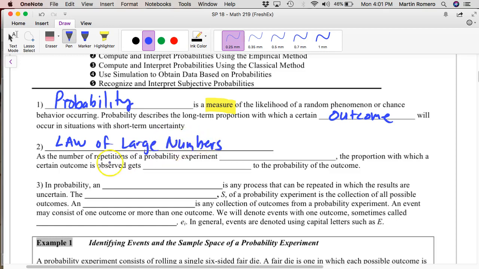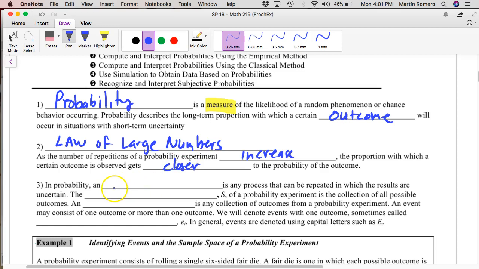That's the idea that as the number of repetitions of a probability experiment increases, like when I was going up to 1,000 by flipping a coin, the proportion with which a certain outcome is observed gets closer to the probability of the outcome. So it's supposed to be 50-50, and when we flipped the coin 1,000 times, we almost got there. And that's the idea of the law of large numbers.